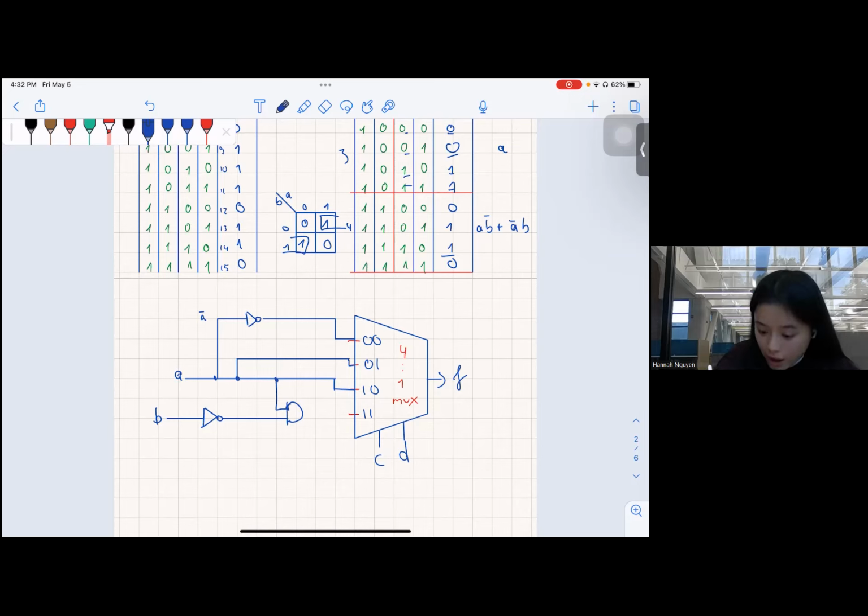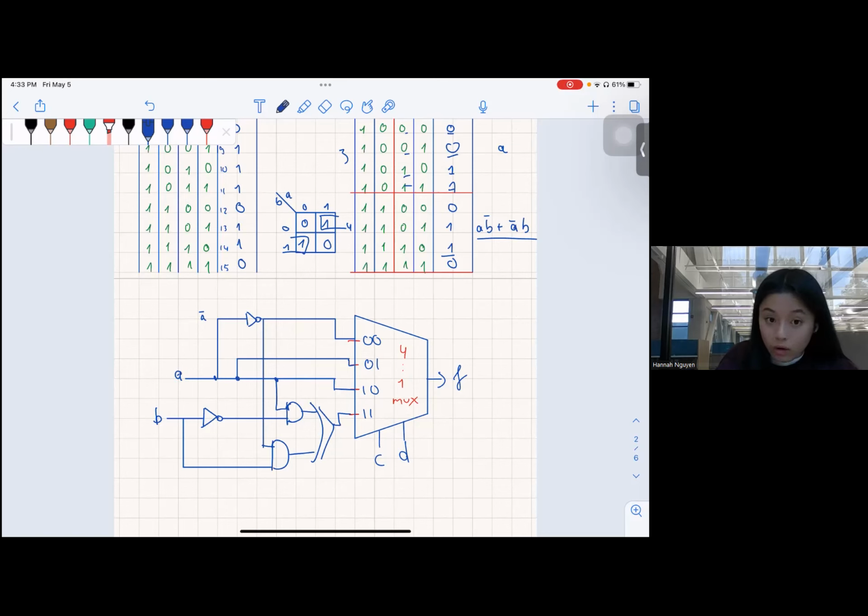Now we have A negate B. But the input function has to be A and B negate or A negate B, so that's why I need to connect these two using an OR gate, and then go to 1, 1. Here's our final logic gate.